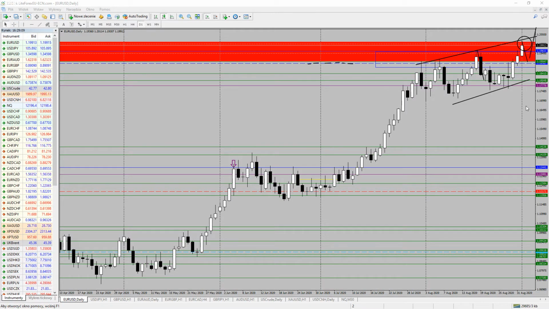And eventually, then we are going to see the continuation to the upside. As of now, levels close to 119 are significant levels of possible demand when it comes to euro dollar. So let's switch lower.